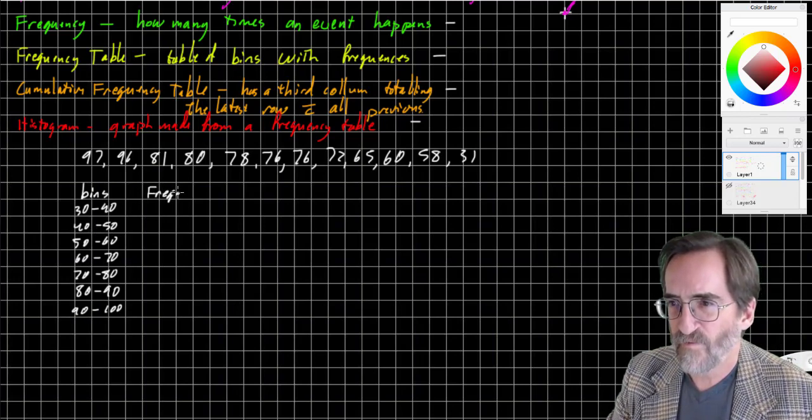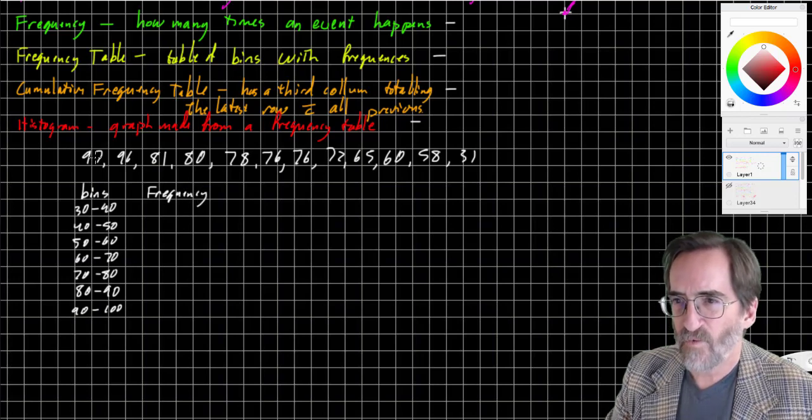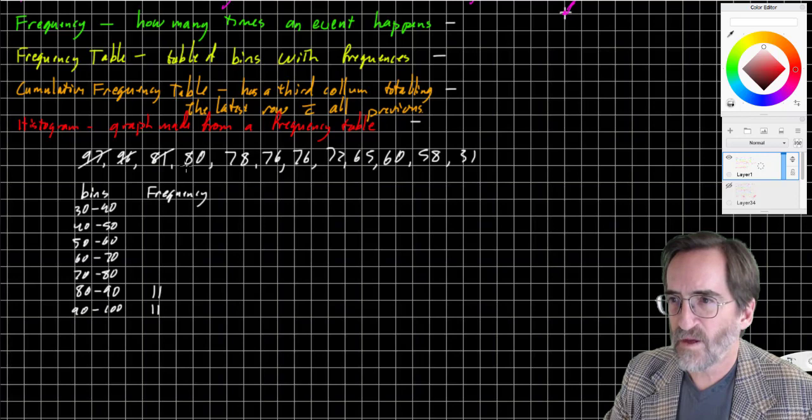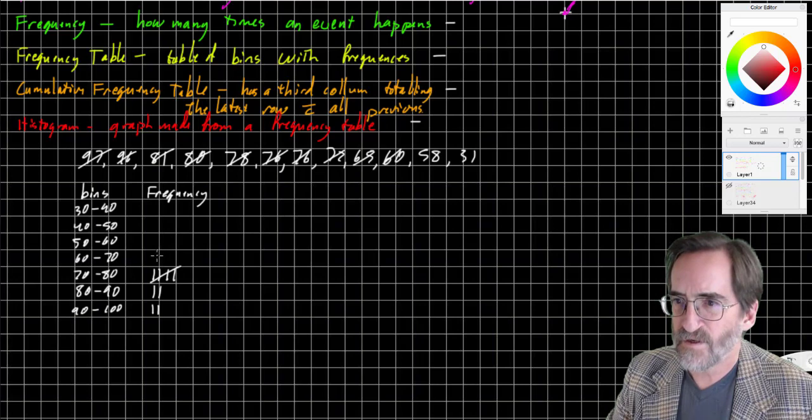Frequency. Okay, we have a 97 that goes in this bin. 96 goes in this bin. 81 goes in this bin. 80 goes in this bin. 78 goes in this bin. 76 goes in this bin. 76 and 72 and 65 and 60 and 58 and 31.